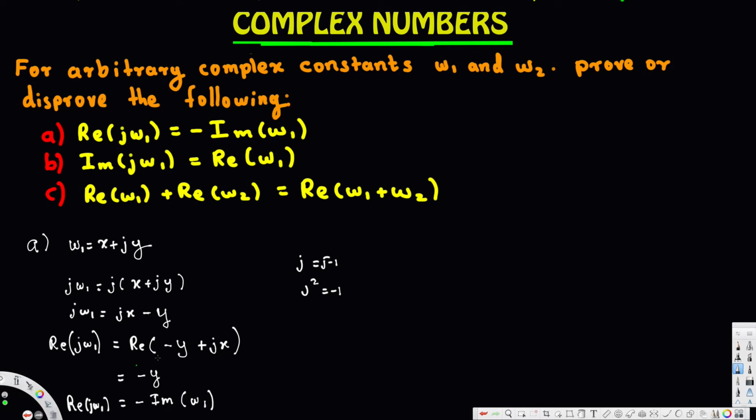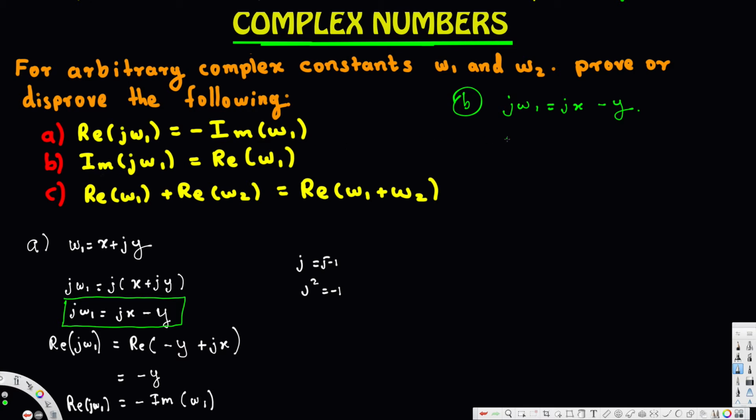Now let's look at the second one. The b part is asking whether the imaginary part of jw1 is equal to the real part of w1. Let's go ahead and do that. It's going to be the same thing. We have derived an equation for jw1: jw1 is equal to jx minus y.